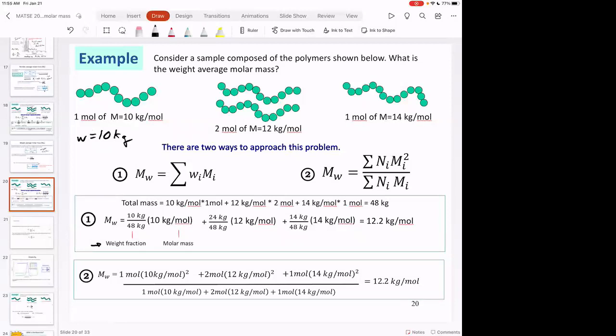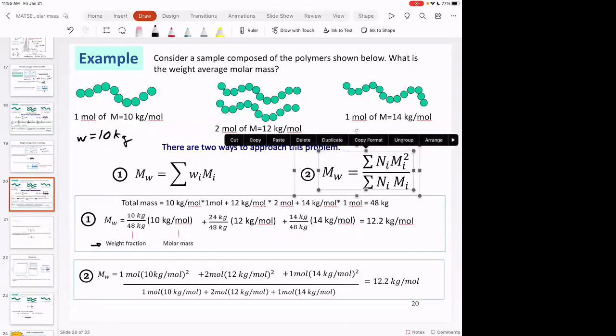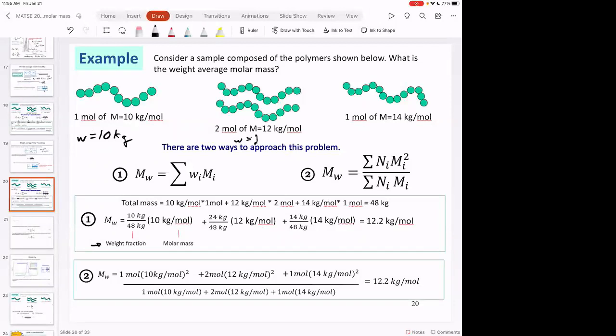That's not weight fraction yet because we don't know the total mass. What's the weight if we have 2 moles of 12 kilogram per mole stuff? 24 kilograms. Remember, units count, and I'm multiplying kilograms per mole times moles, right? So that gives me the weight. And then, of course, the weight of this is 14 kilograms.